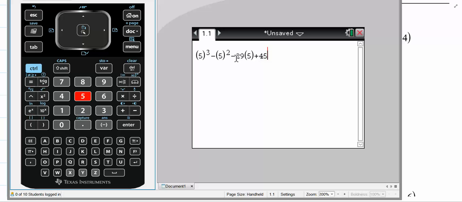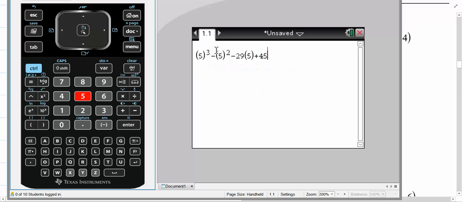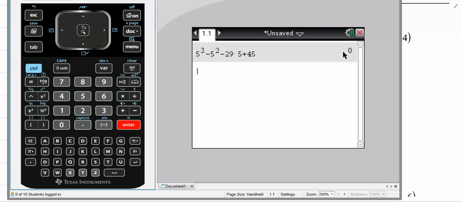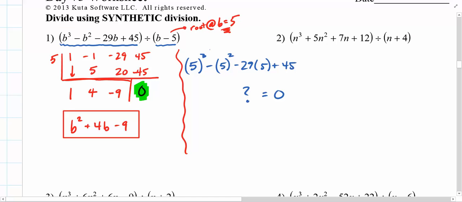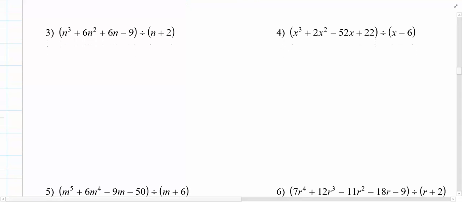Now before I press enter, let me check to make sure that I have everything written correctly. 5 cubed minus 5 squared minus 29 times 5 plus 45. So that looks good. This looks just like our polynomial, but instead of b values, we've got the number 5 in place. And when I press enter here, my result should be equal to 0. And it is. So again, this is another way that we can check for a remainder without using synthetic division.